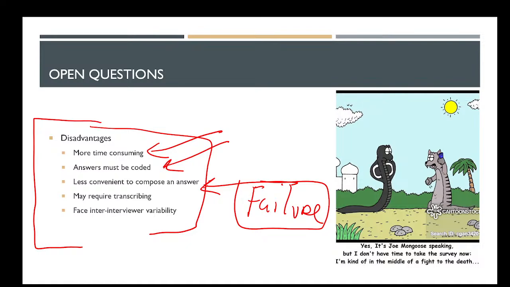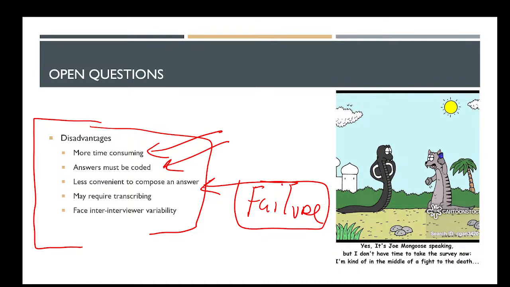On my phone, I'm less likely, because it's going to take me forever to type this. I make a ton of typos on my phone. It's going to be garbled. I'll quit surveys that have a lot of open boxes because I too have flaws. So it's less convenient to compose answers, and so there's probably a higher chance of a failure rate.